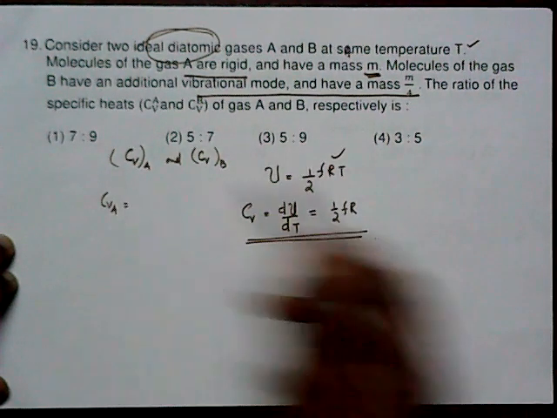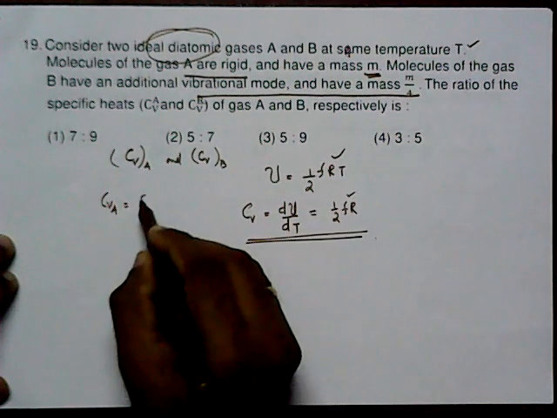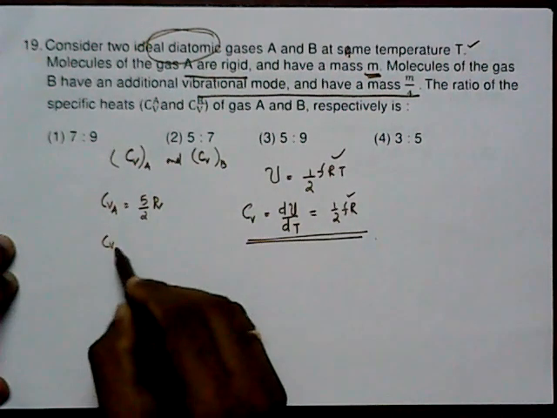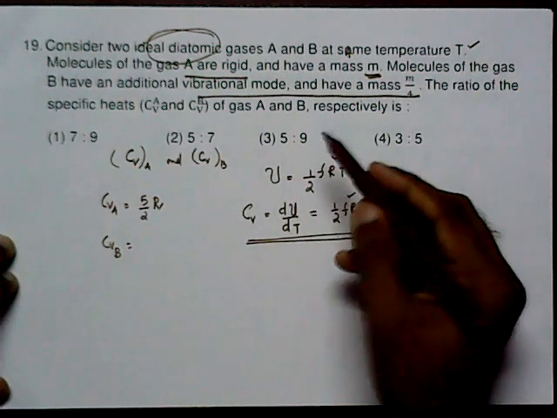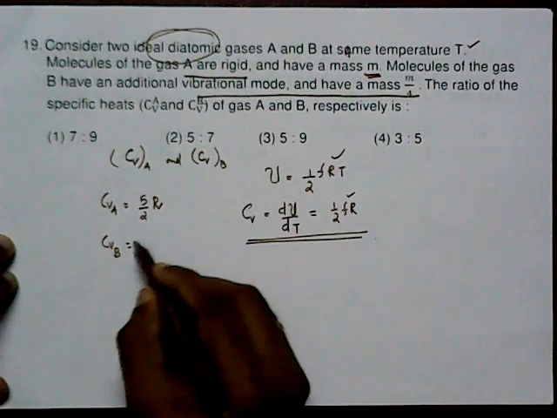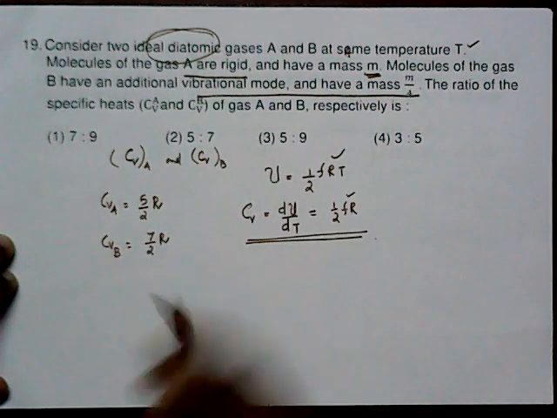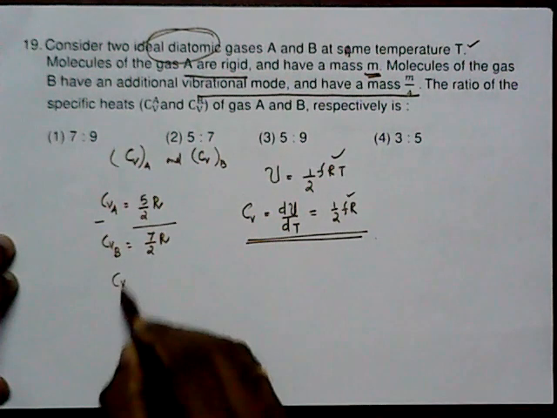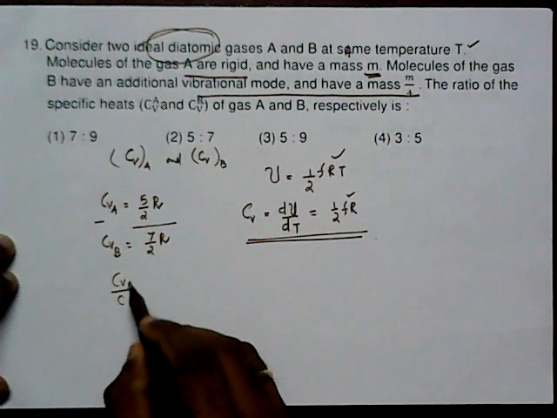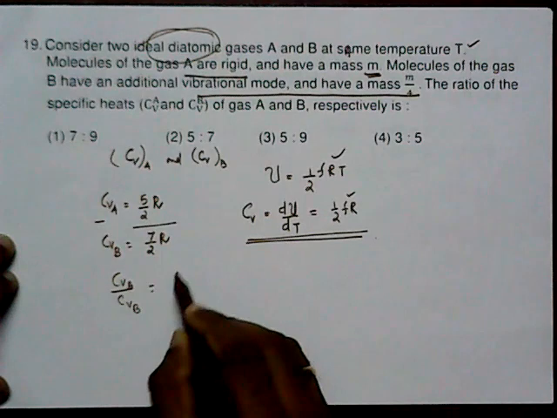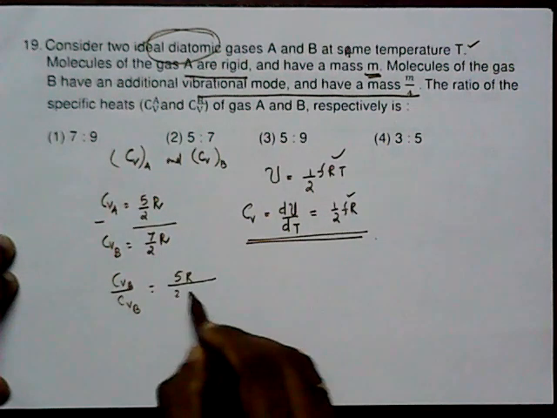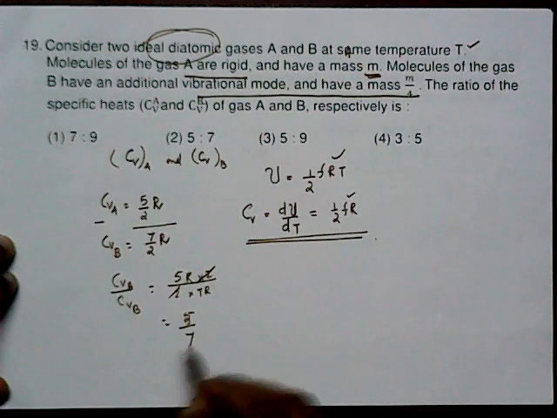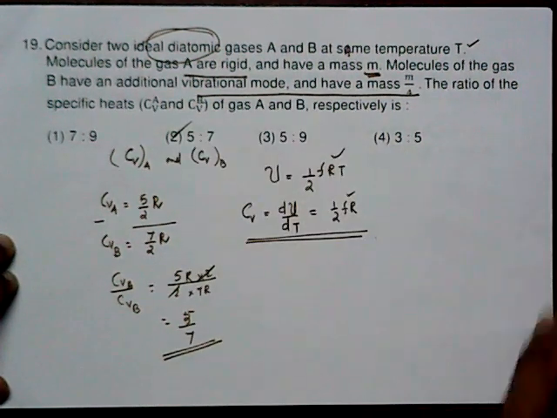For A, we can say simply f becomes 5, so 5 by 2 R. But for B, there is an additional vibrational mode, and hence we can write the value as 7 by 2 R. Hence we have to take their ratio. So CV for A by CV for B is equal to 5 R by 2 over 7 R by 2. So you get the value as 5 by 7. So you get the answer as 2.